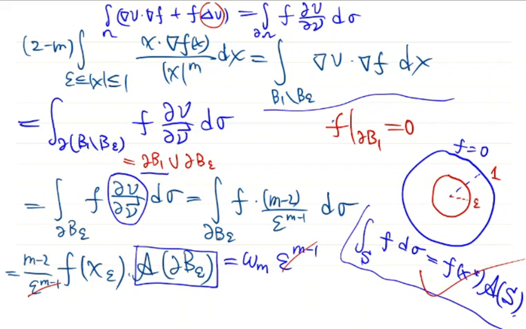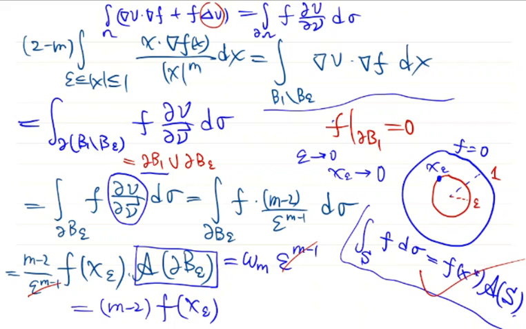So we get the result (m minus 2) omega m f of x epsilon. x epsilon is a point on the sphere of radius epsilon. So we are computing the limit when epsilon goes to 0. When epsilon goes to 0, x epsilon goes to the center of the sphere.